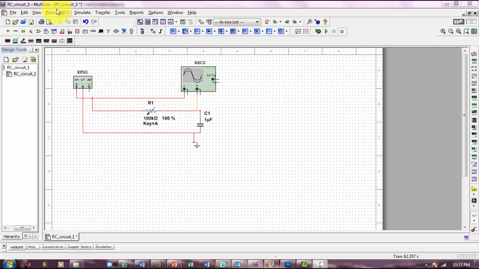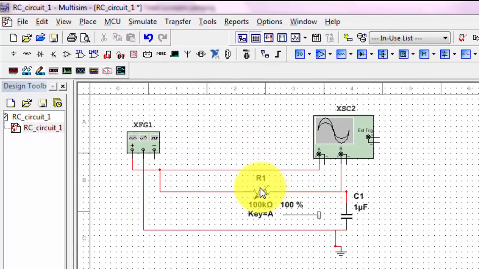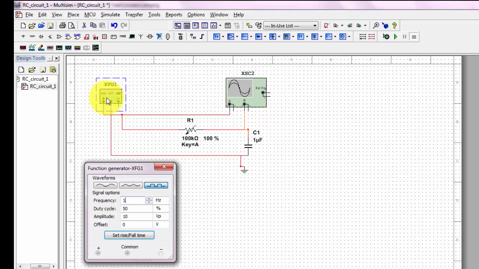So I'm going to run Multisim to demonstrate the concept of charge and discharge effects of a capacitor. In this case, I have C1 at 1 microfarad and resistor R1 at 100 kilo ohm. We could see that it is a variable potentiometer. This RC circuit, where we have the resistor and capacitor connected in series, is driven by this signal generator.